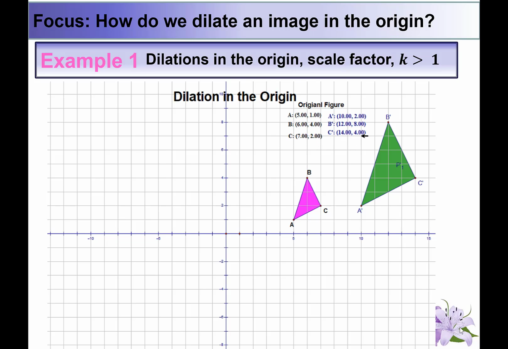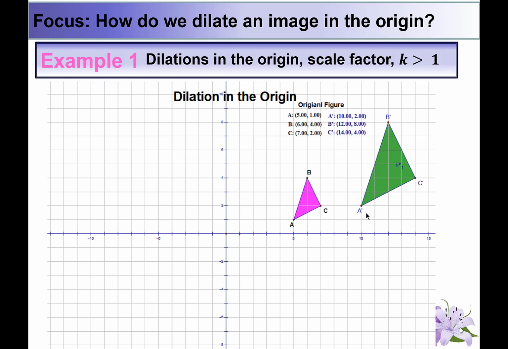So hopefully what you've noticed is we took the original coordinates and we multiplied them by the scale factor. And the scale factor here is 2. 5 times 2 is 10, 1 times 2 is 2, 6 times 2 is 12, 4 times 2 is 8, 7 times 2 is 14, 2 times 2 is 4. So here, our dilated image has a scale factor of 2.